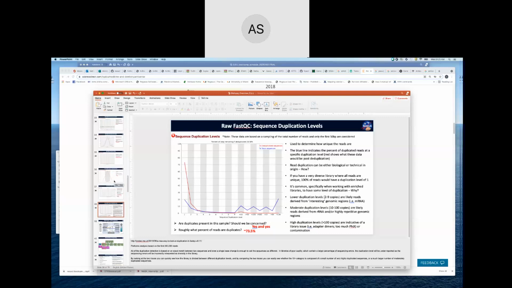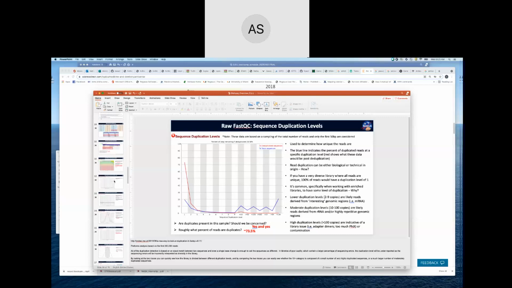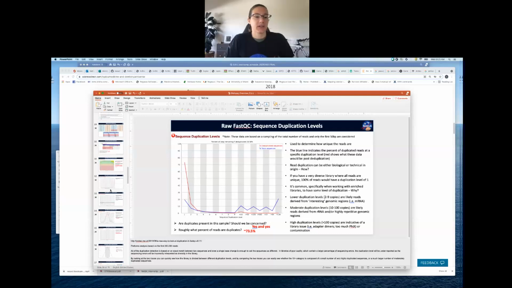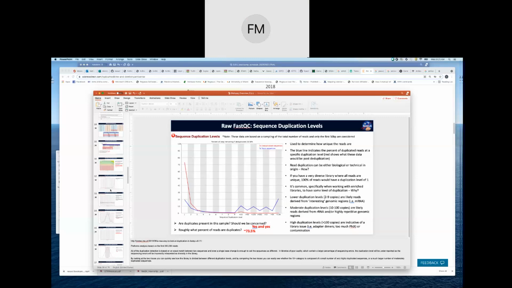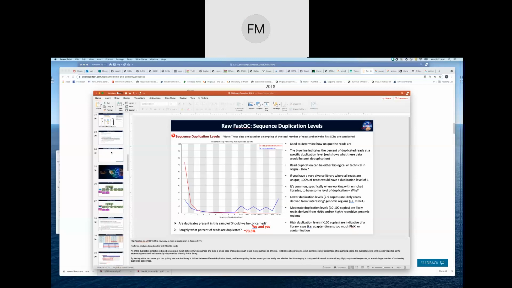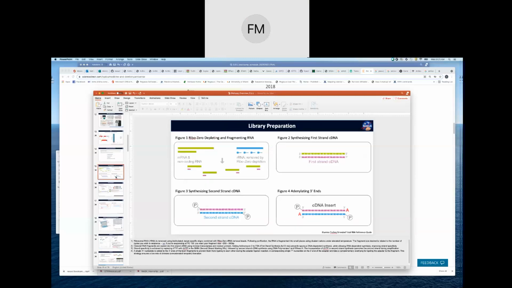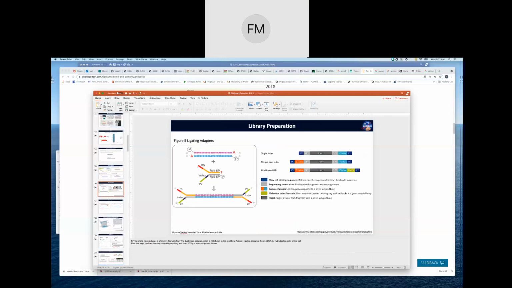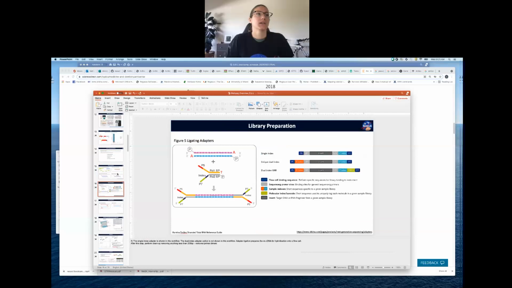Several slides have library preparation in the title. You can just tell me what you see on the slide, and I should be able to find it. Okay, it's the second slide with library preparation in the title. This one here?